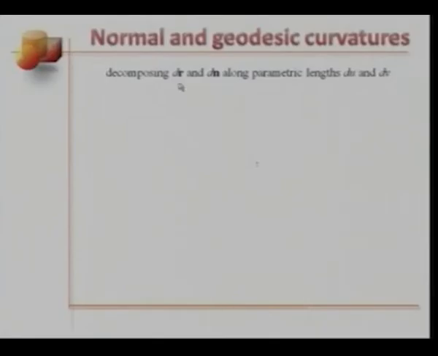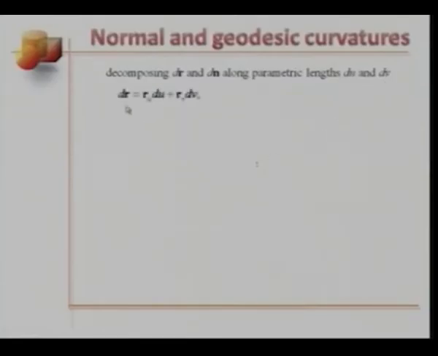Now what we can do is decompose dr and dn along parametric lengths du and dv. Here we are going to be using the information from the curve and try to convert that into the information pertaining to the surface patch on which the curve lies.